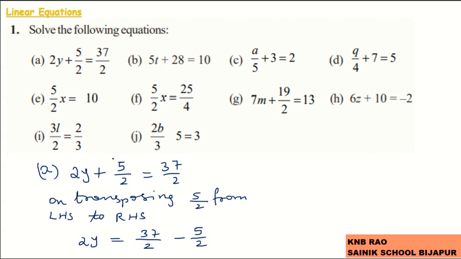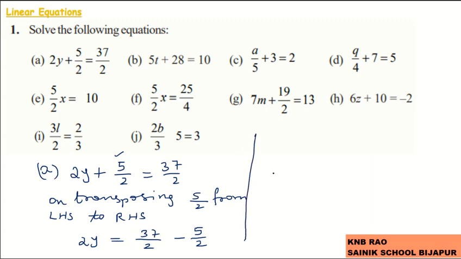Since here 5 by 2 is the addend, the one getting added, if it is transposed, it will get subtracted. Whatever is there in RHS is kept as it is, and the subtrahend 5 by 2 will come.